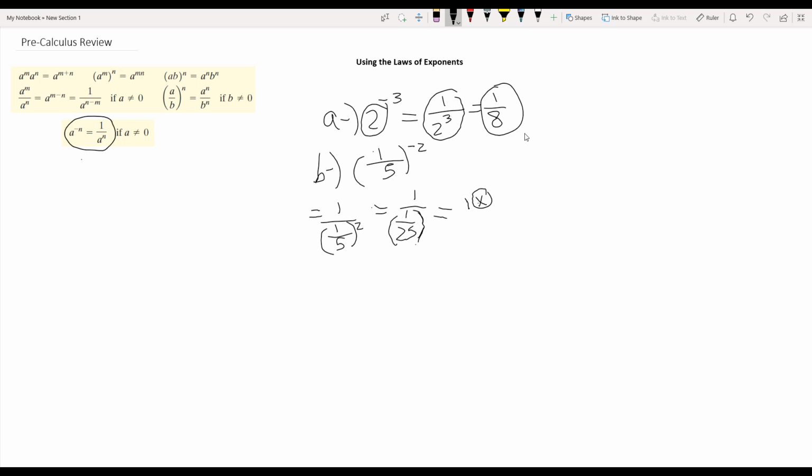You multiply 1 times the inverse, or the reciprocal, of 1 over 25. So that will be 25 over 1. Okay? So obviously that will be equal to 25. There you go. Okay, so let's see what else I got here. Let's move on to C.